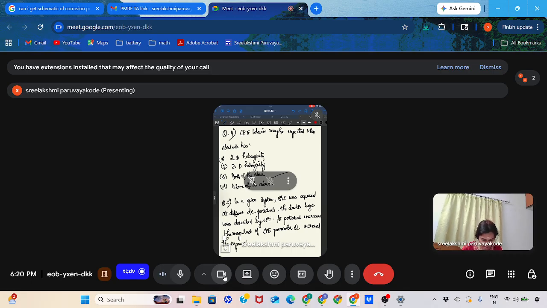The exponent n is expected to increase, decrease, remain constant, or is unrelated to Q. So how to solve this question?